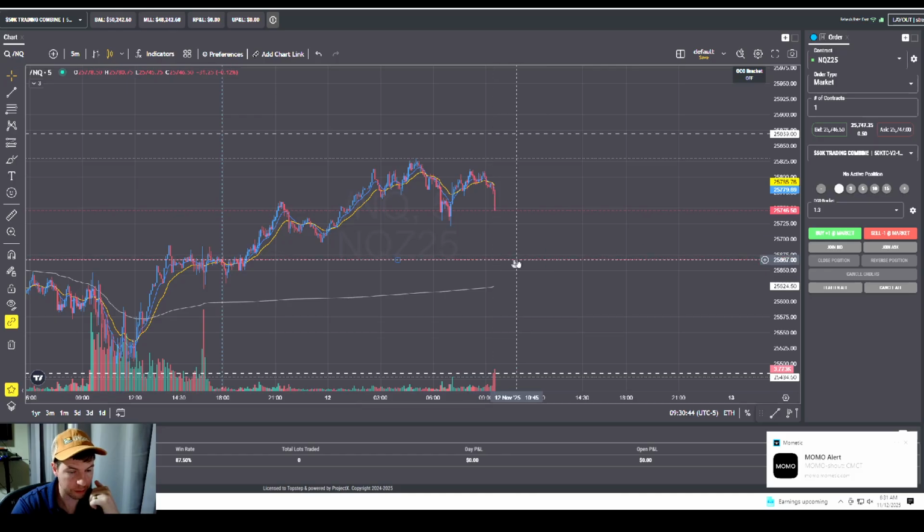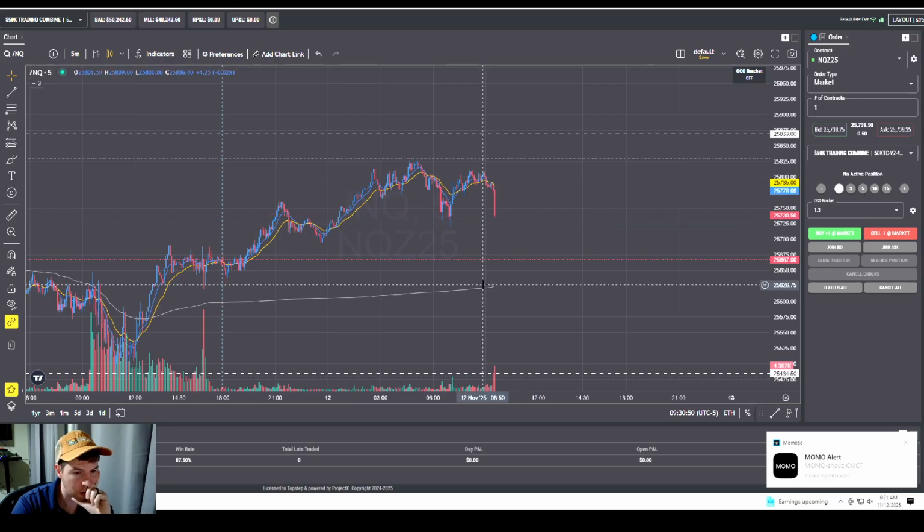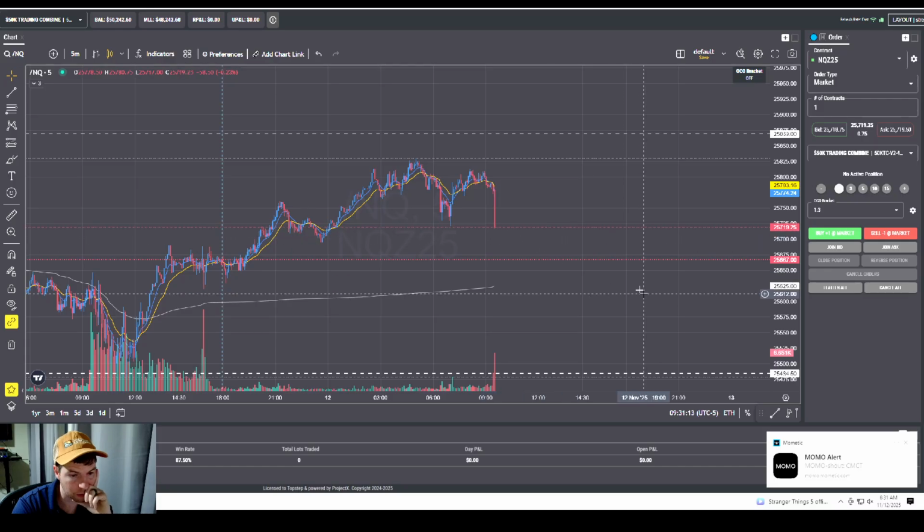Let's see if we see just an undercut of this and kind of what happens. We might see an undercut and then a spike up. We may just see a fall off a cliff, who knows.